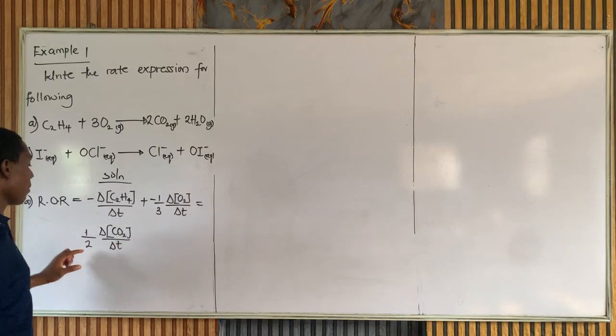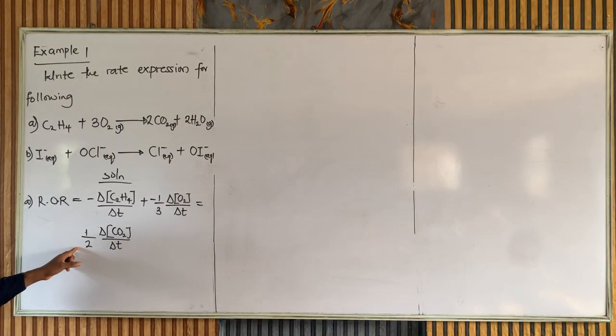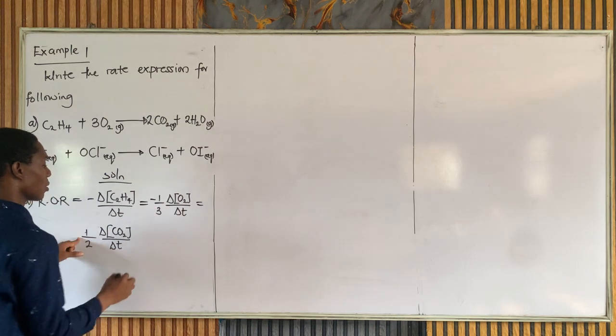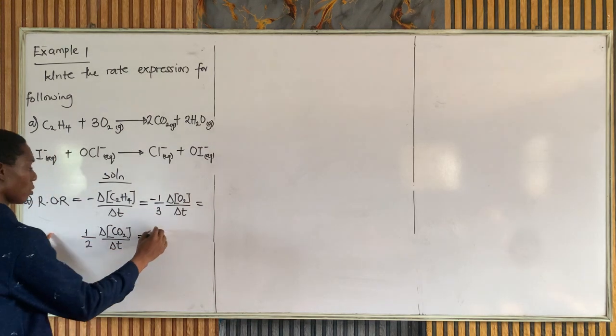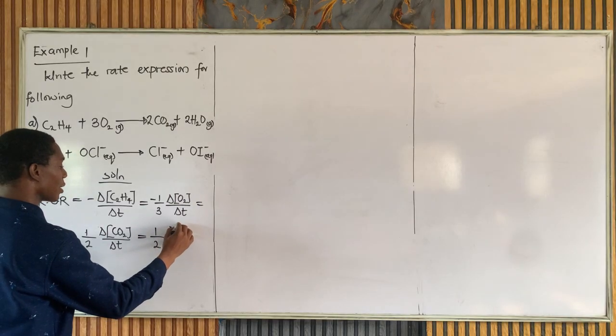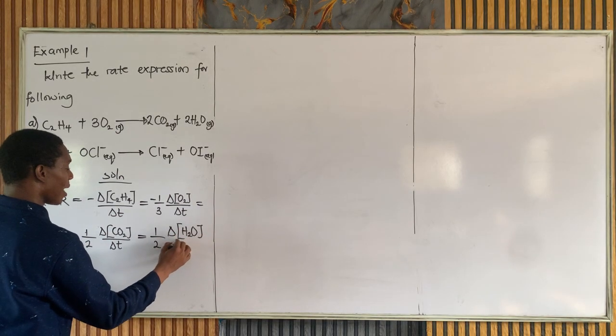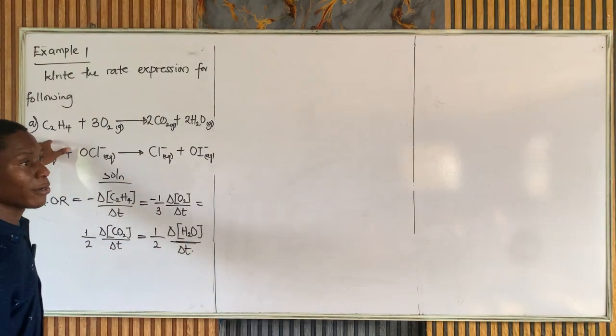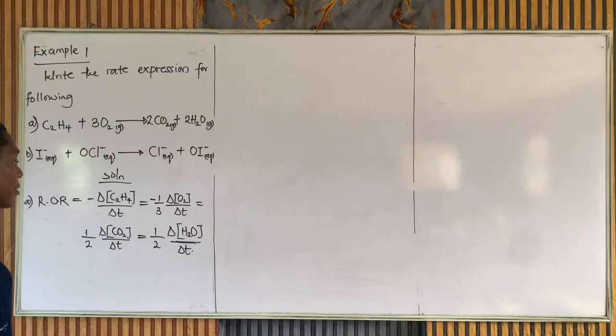Take note that the moment we start using the product, we don't have to put negative any longer. Which is also equal to 1 over 2, change in concentration of water or steam over change in time. So that's for the A, this is the rate of reaction.